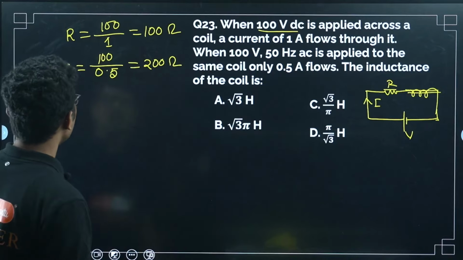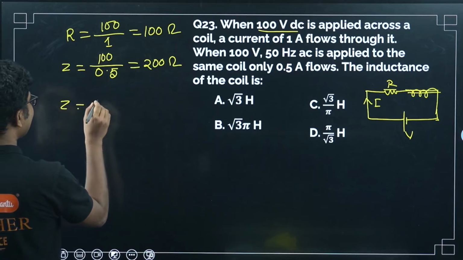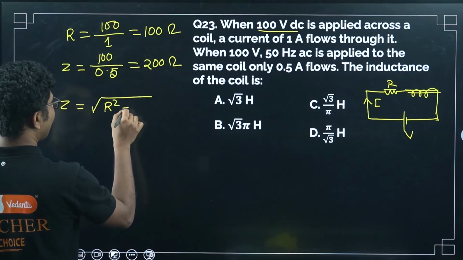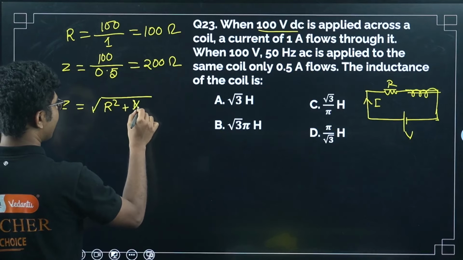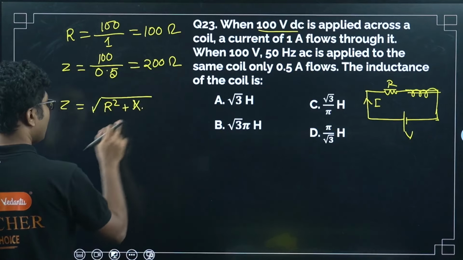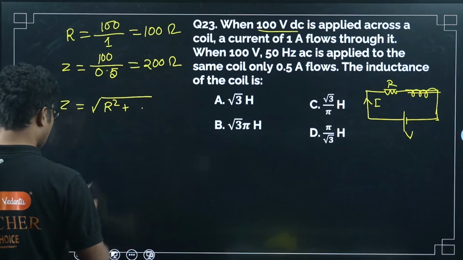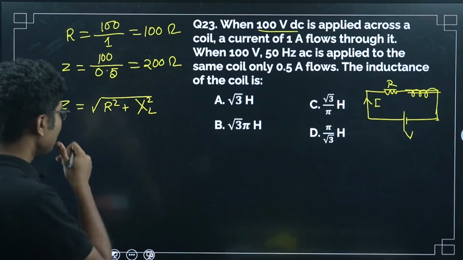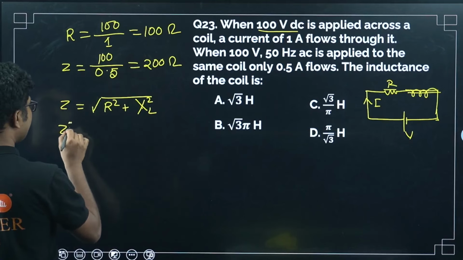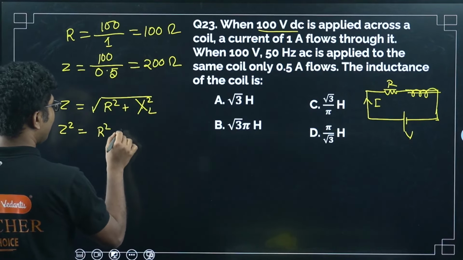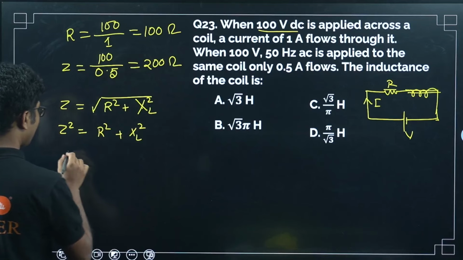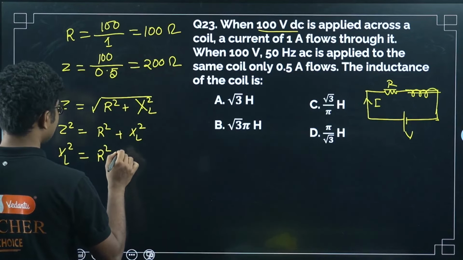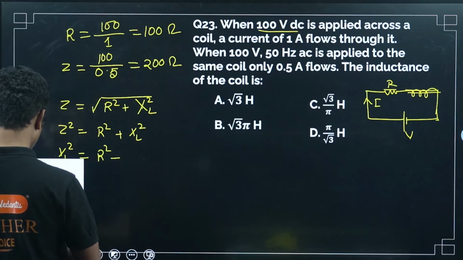Now we know that impedance is square root of R square plus XL square, right? No capacitor is connected, so only XL will be there. If you square both sides, Z square equals R square plus XL square, or XL square is Z square minus R square.